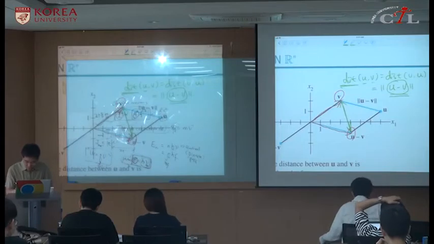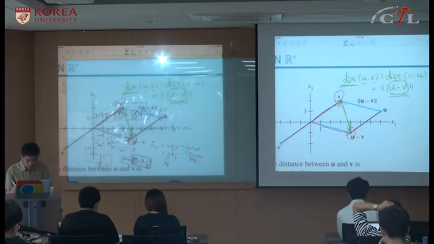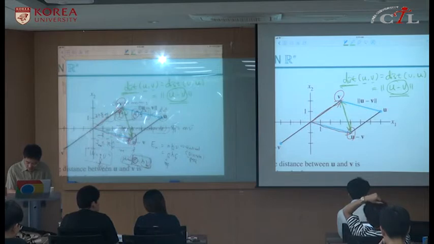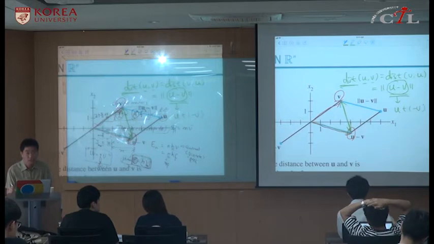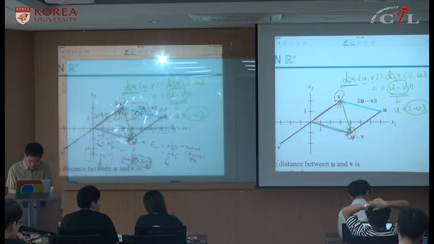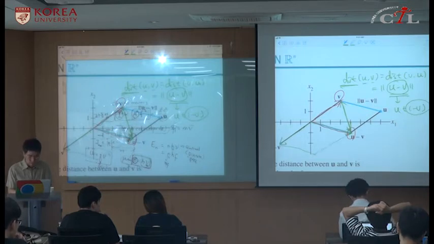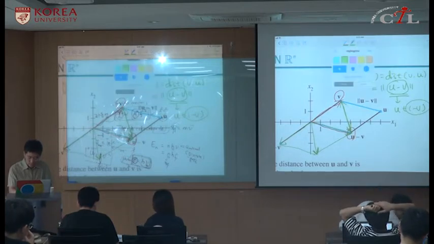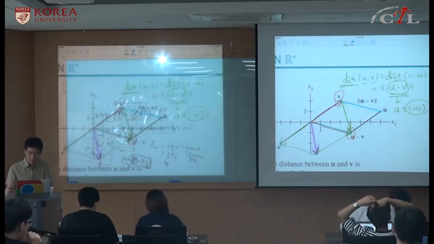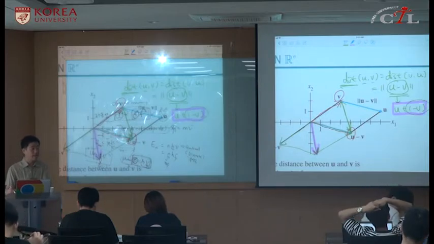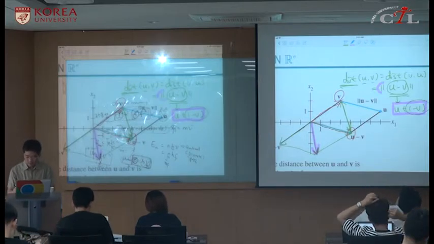Okay, so let's draw this single vector. So that vector is this one, u and so basically u plus and minus v. So we have u here, and what about negative v? Negative v is this one, right? And then we consider this parallelogram, and this vector corresponds to this one, and then we consider the length of it.